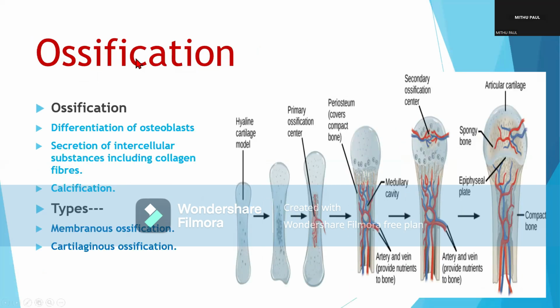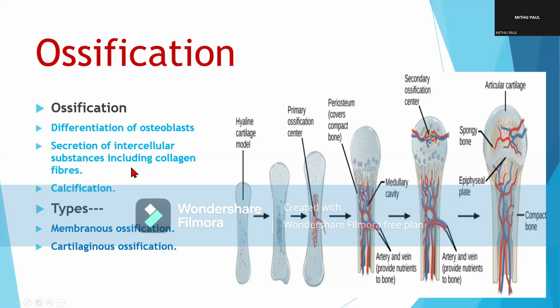In the process of ossification, what happens? The first is differentiation of the osteoblasts. Osteoblasts proliferate in huge numbers. In the second step, the osteoblasts secrete intercellular substances, including collagen fibers, which strengthen the intercellular matrix.